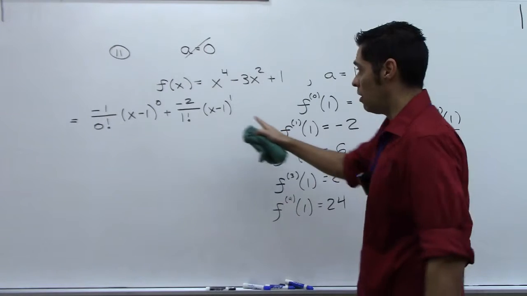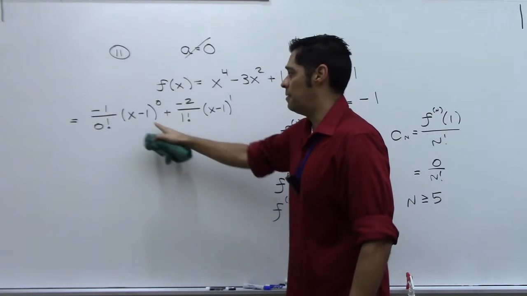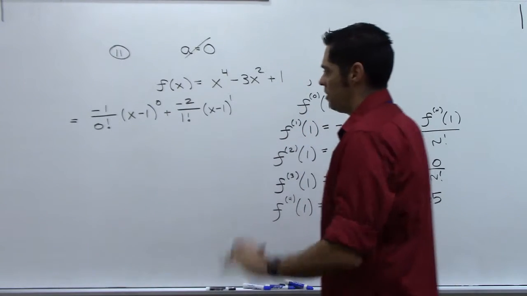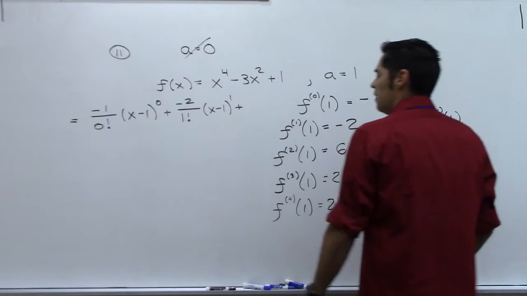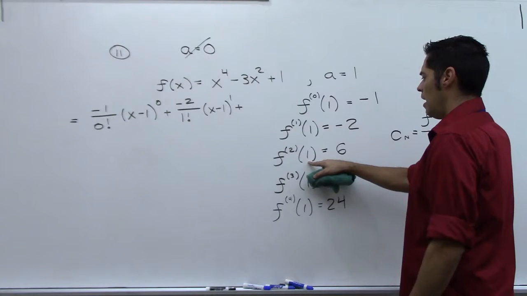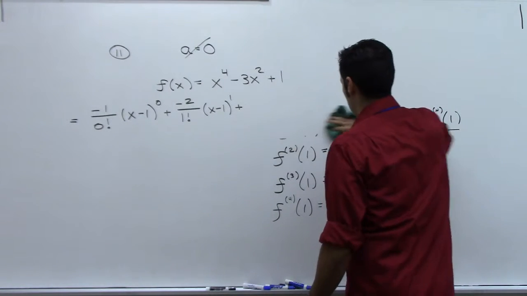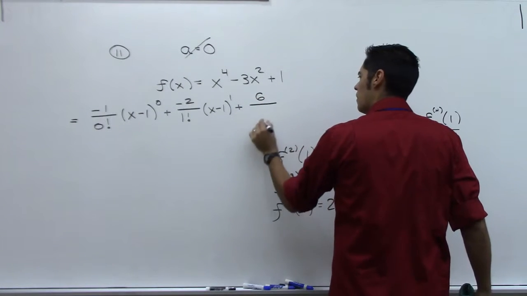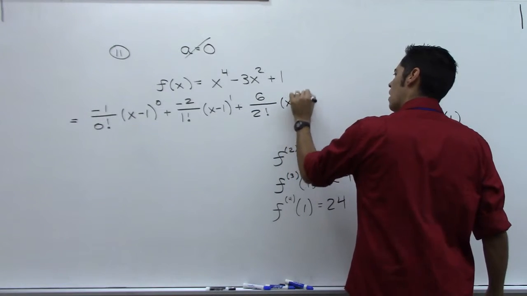See, it's not a Maclaurin series, so these powers here are going to have to be on the binomial x minus a, not just x. And then I have plus, letting n be 2 now, my second derivative at 1, which is 6, over 2 factorial, and then x minus 1 to the second.